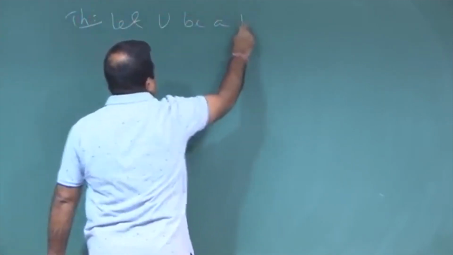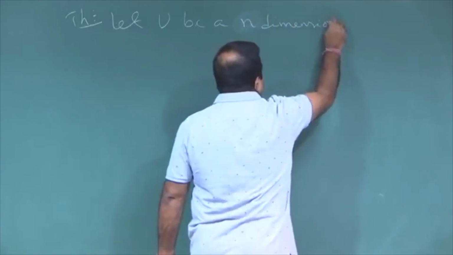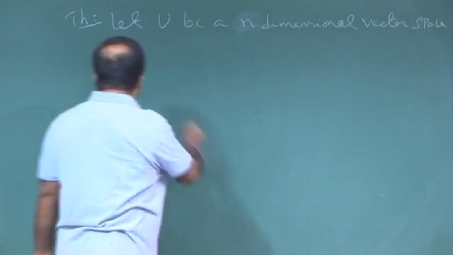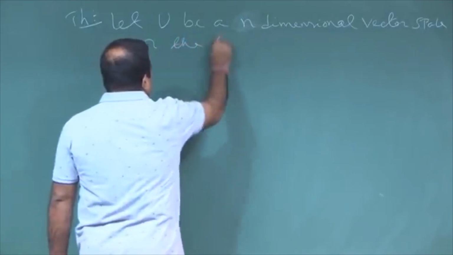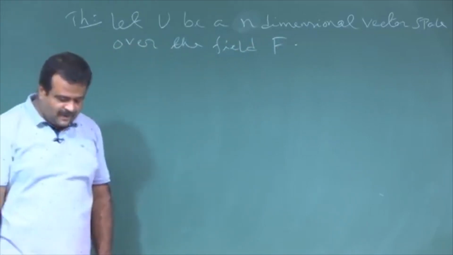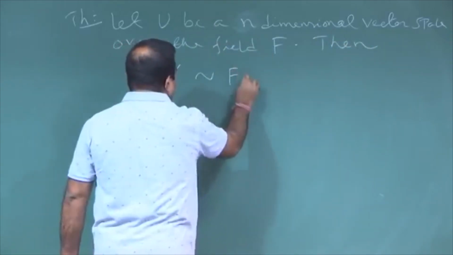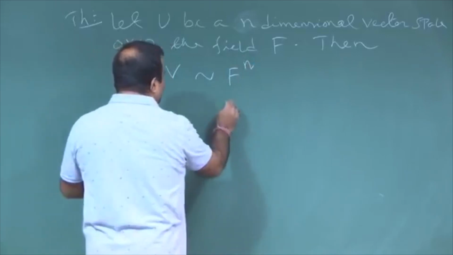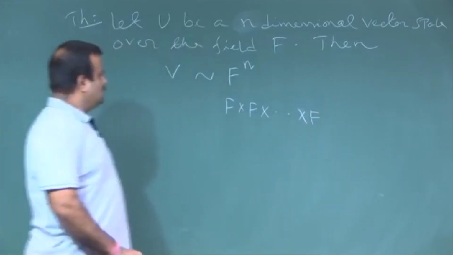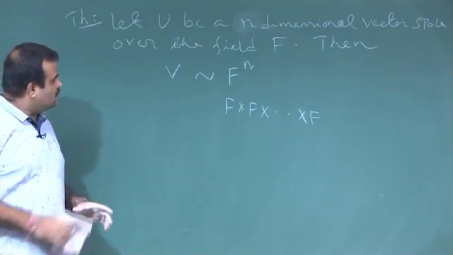Let V be a finite dimensional, n dimensional vector space over the field F. Then V is isomorphic with F n, where F n is the Cartesian product F cross F and so on. So, how to prove this?